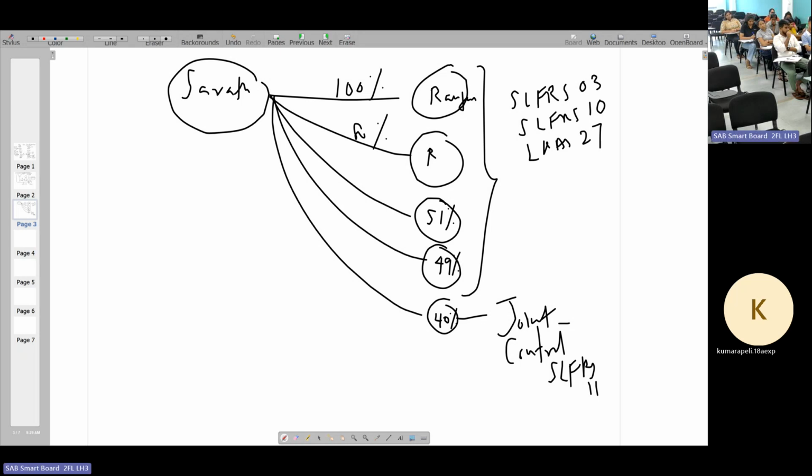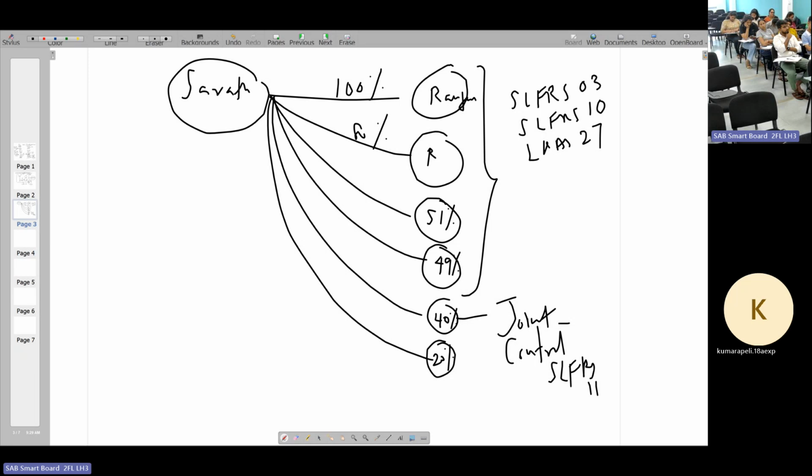මෙහෙම හිතුවොත් 20% ගත්තොත් මොකද වෙන්නේ? Sarath acquire 20% of Ranjani. Joint control possible? Then we need to see whether Sarath could influence significantly Ranjani's operation.